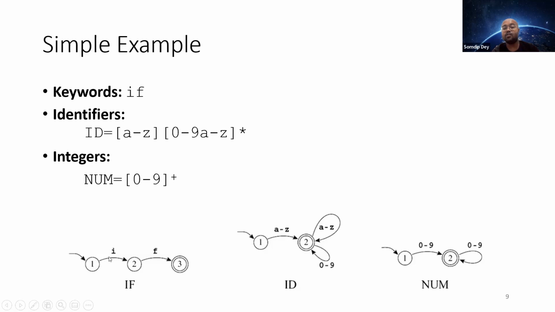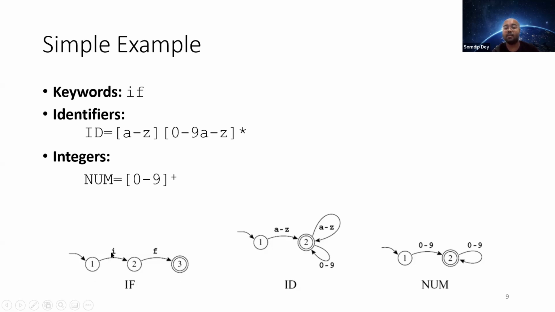It changes to state 2 if and only if the first input character is I. After it changes to state 2, if the next character of the input string is F, only then will it reach the accept state 3.